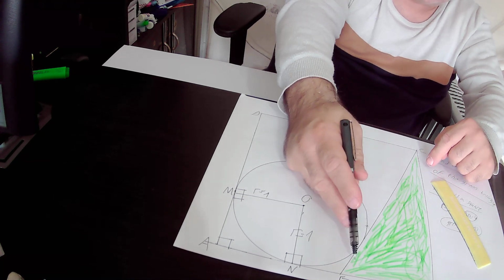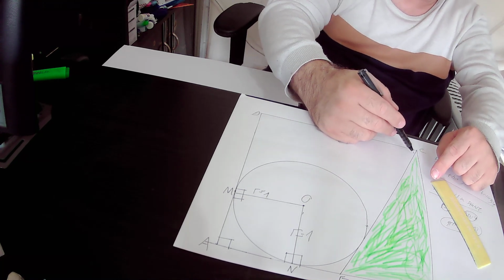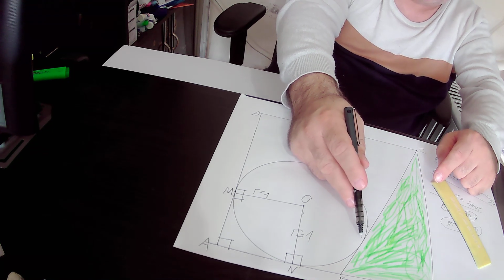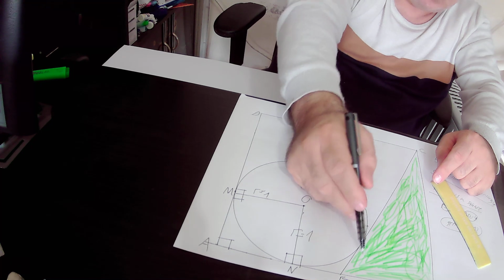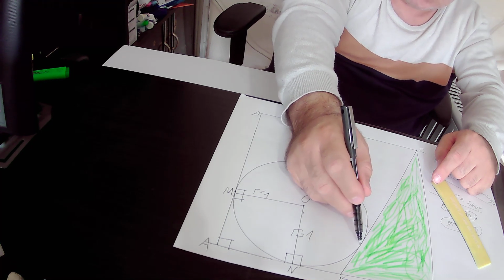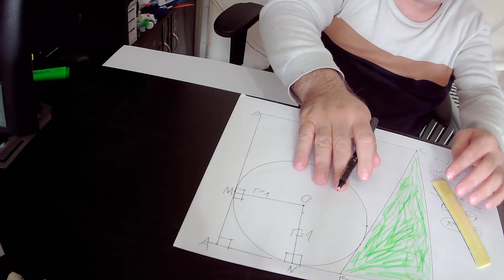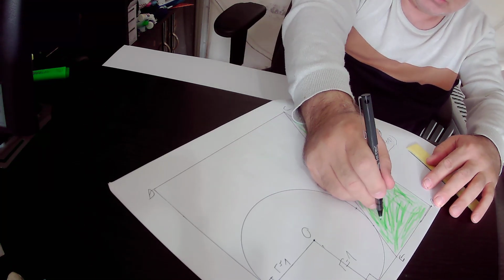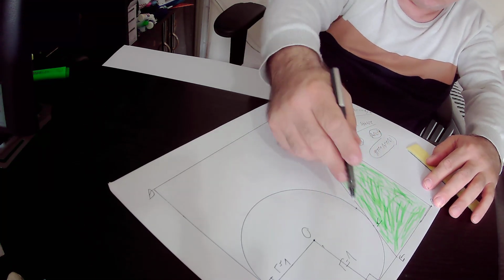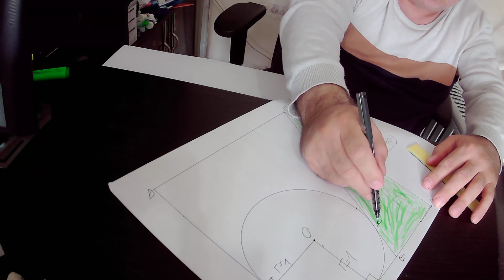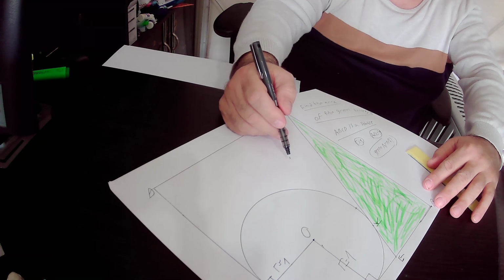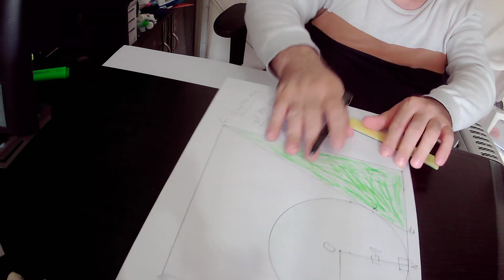This tangent, the hypotenuse of the green triangle CE, with this circle, the point of tangency will be defined as point K. Point K is the point of tangency of tangent EC with this circle. Then we will join together points O and K by a straight line.